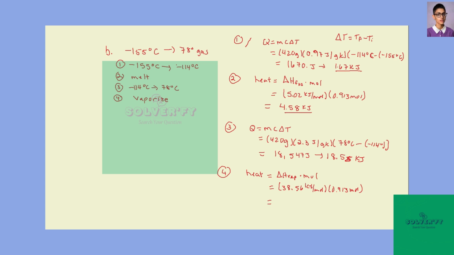And that is going to be equal to 35.21 kilojoules. So I'm going to add all 4 of these steps together, round to 3 sig figs, and I get a total equal to 60.0 kilojoules.